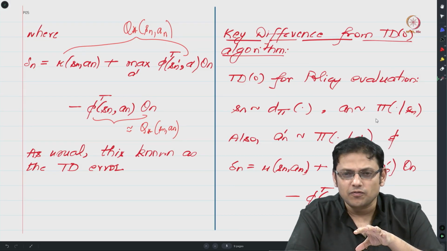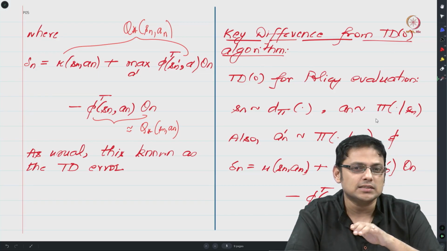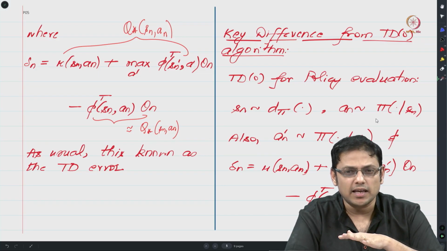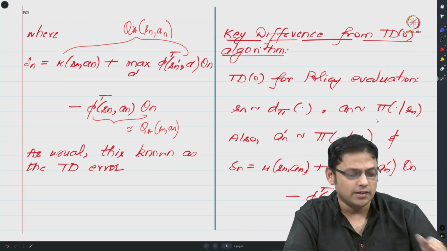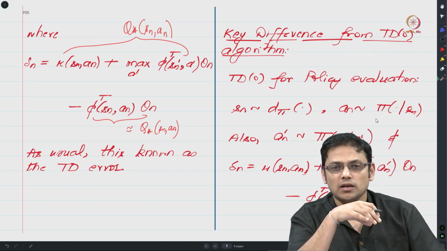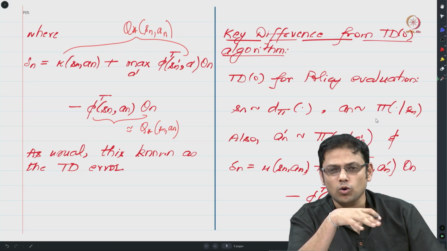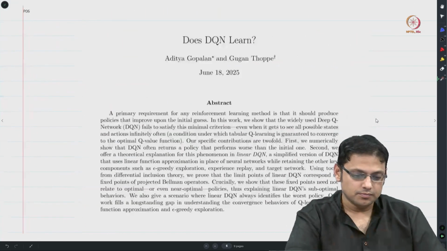So, other than these differences, the update rules may look very similar, but because of these small differences, the purpose and the behavior of the algorithms will significantly differ. Two weeks back we had analyzed the policy evaluation algorithm. Today, while the update rule may look very similar, we are analyzing the Q learning algorithm.